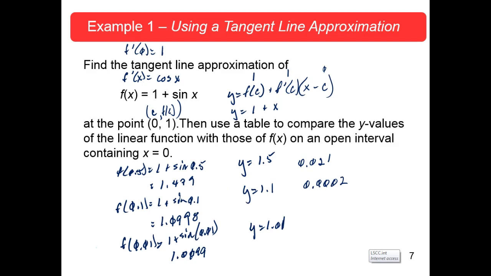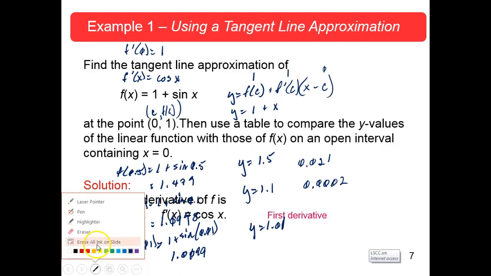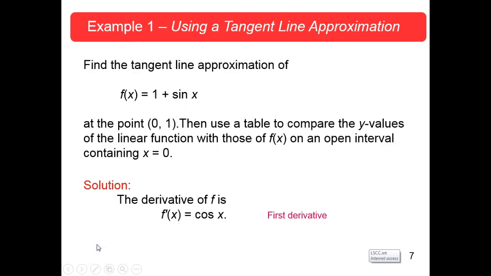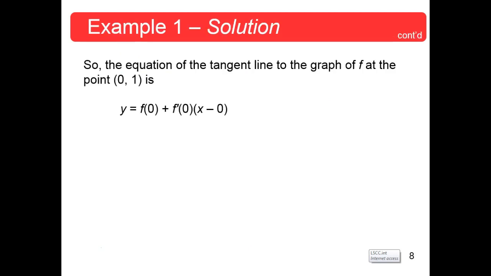So you see your linear approximation is not too bad as long as you're fairly close to the original. I pointed this out to you before, I think. Let's see what they do. They did just like we did. They took a derivative and found it to be cosine x.